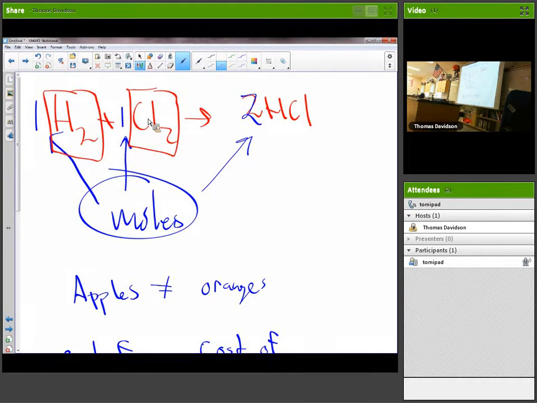Not even remotely close. This would be 2 grams and this would be 71 grams. So we cannot compare their masses to each other, but we can compare their moles, because it's both in the same unit now.